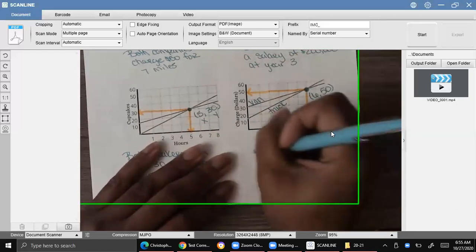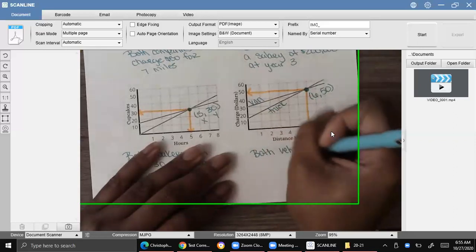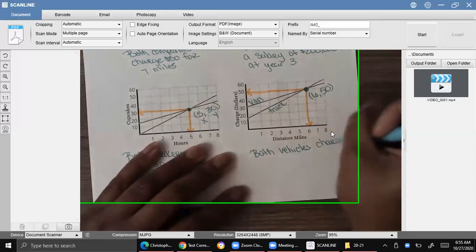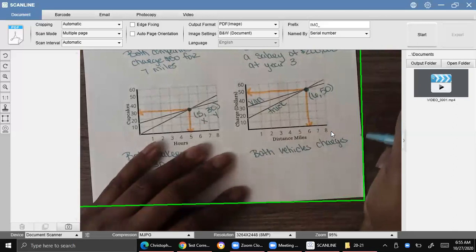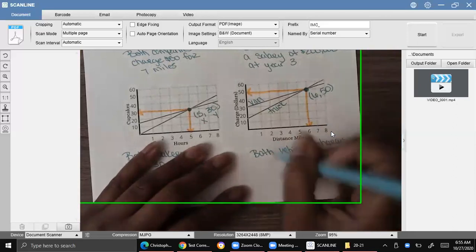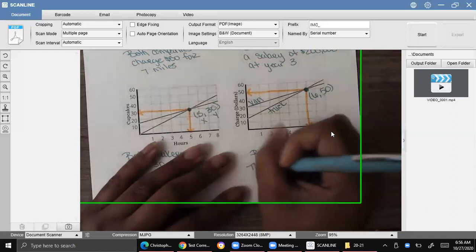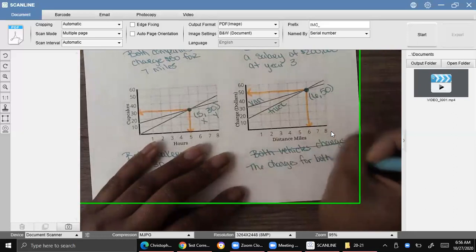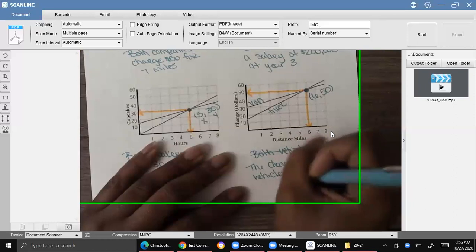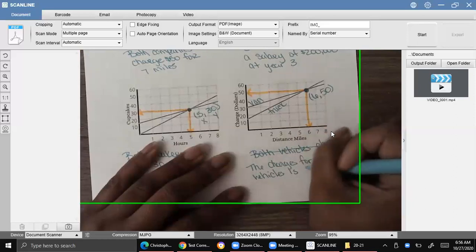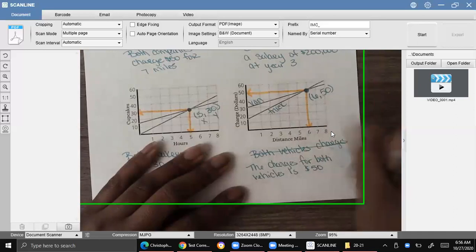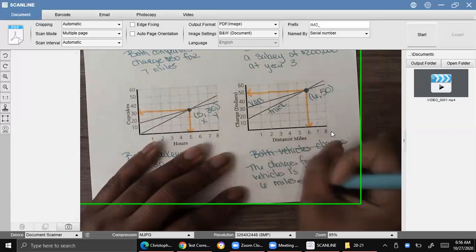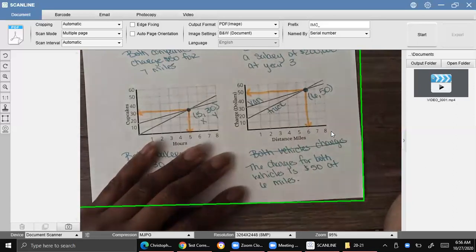So what we know is that the charges for both vehicles is $50 at 6 miles.